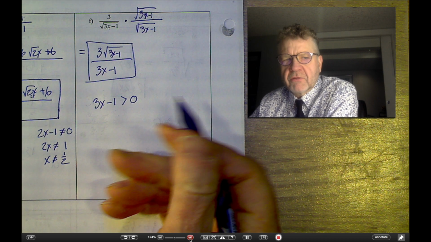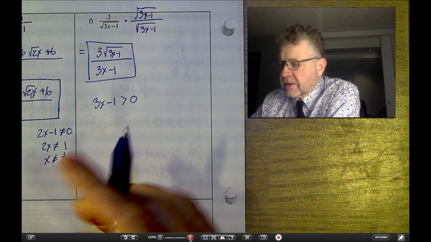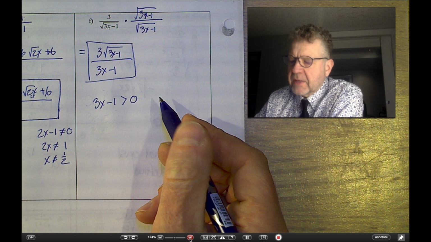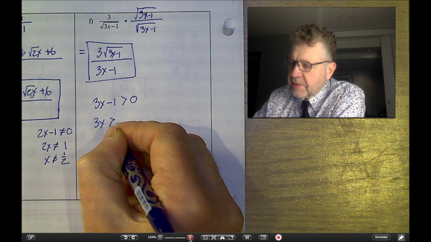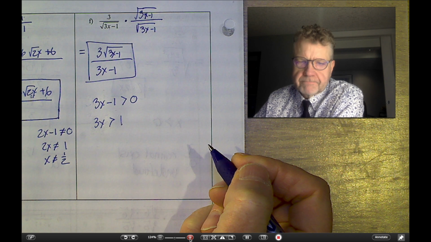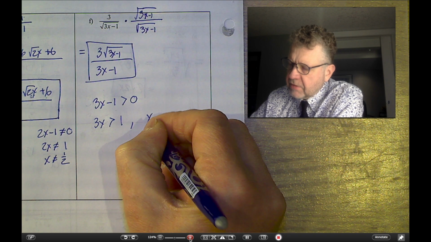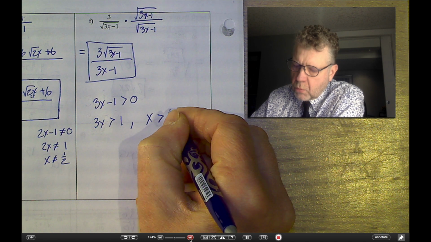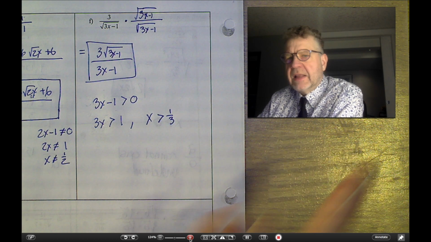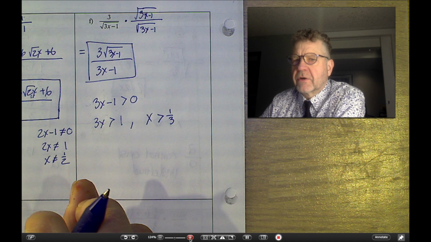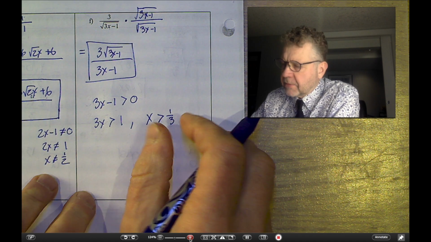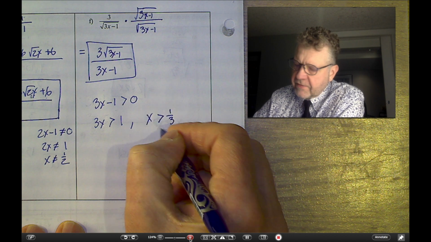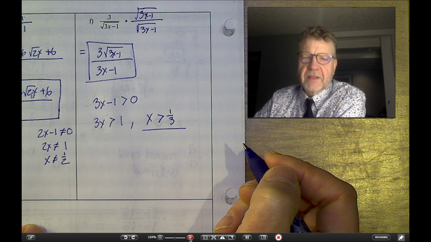You can't take a square root of a negative number. Boom. Okay? So 3x minus 1 must be greater than 0. What does that mean? It means that 3x has to be greater than 1. And that means that x must be greater than 1/3. So any value for x less than 1/3 blows up the expression, makes it indeterminate or a complex number. And so there is your final restriction right there.